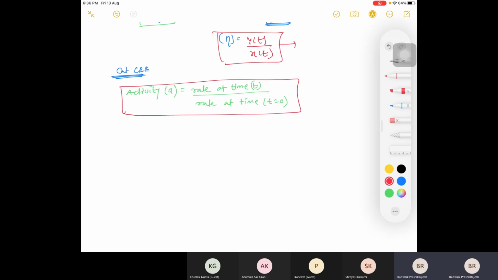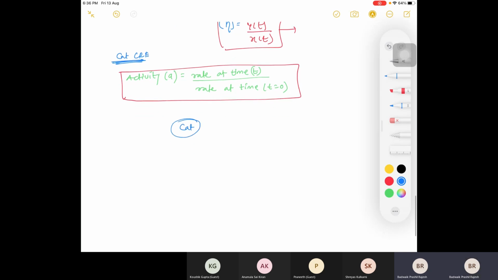Now one question I would like to ask here: what do you mean by catalyst? Suppose I have the reaction A giving B, with time as infinite. Case 1 is without catalyst, and case 2 is with catalyst.